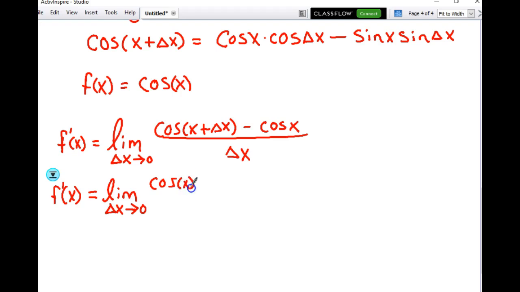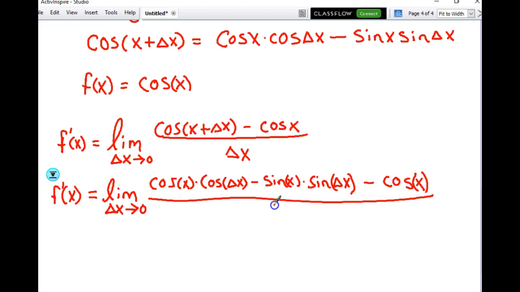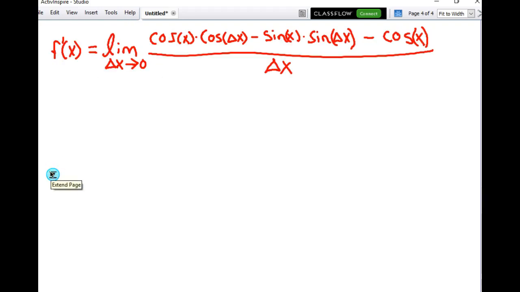So if I apply the identity, it would be cosine of x times cosine of delta x minus sine of x times sine of delta x minus this last term up here, which is cosine x, all over delta x. All right.